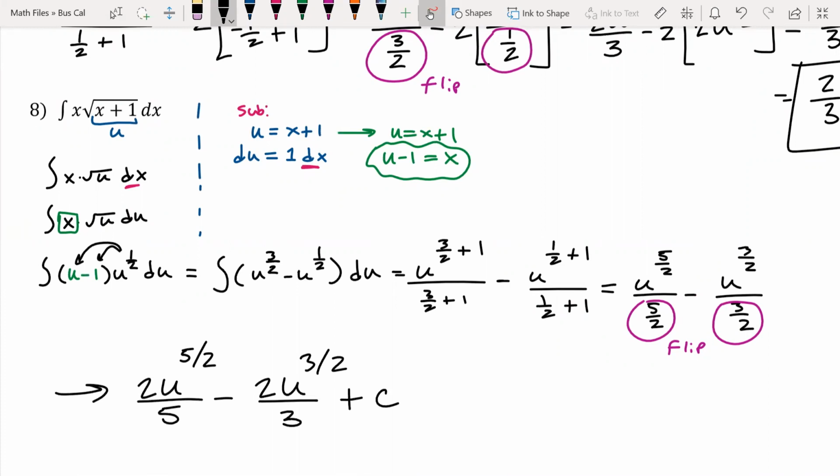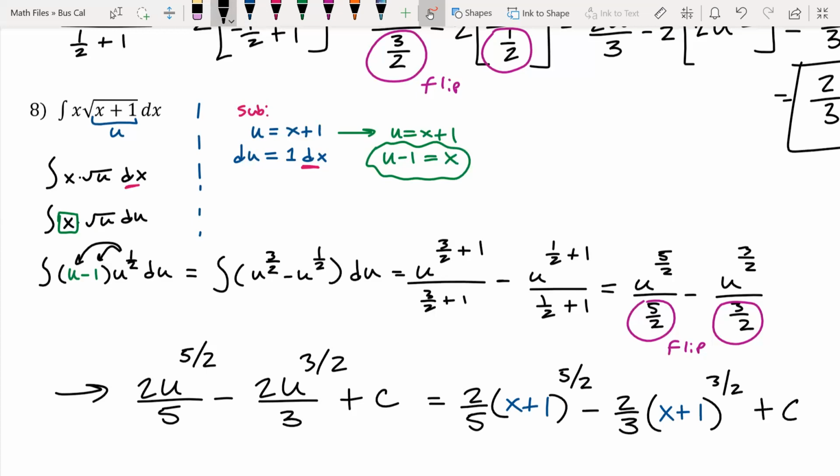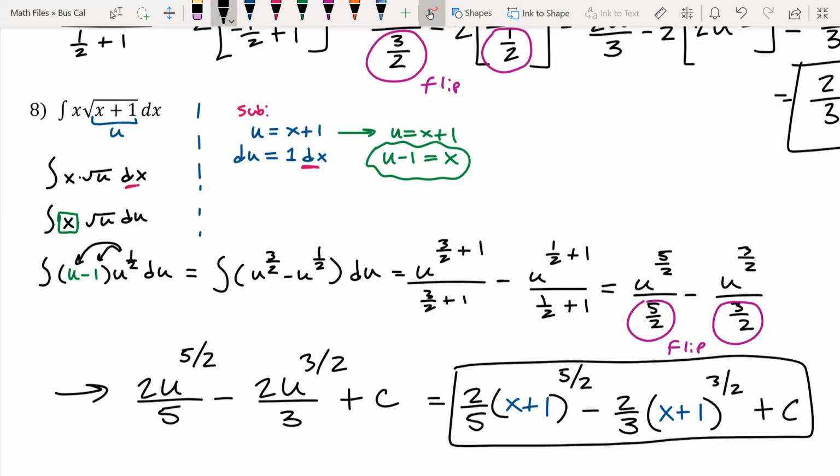But now plug in u and you get 2/5 times x plus 1 to the 5/2 minus 2/3 times x plus 1 to the 3/2 plus c. And that is done.